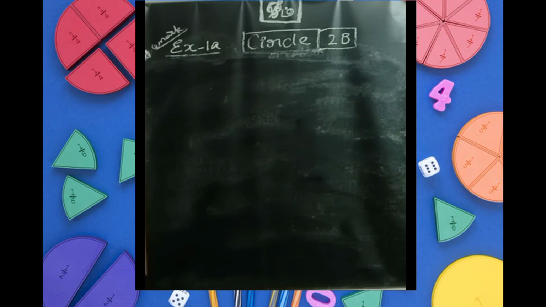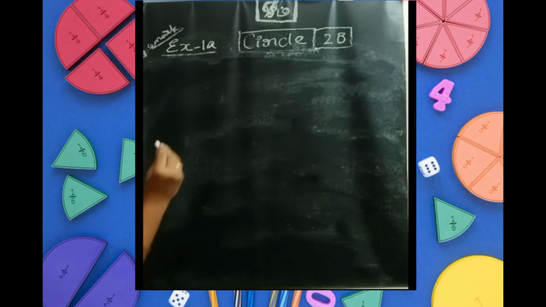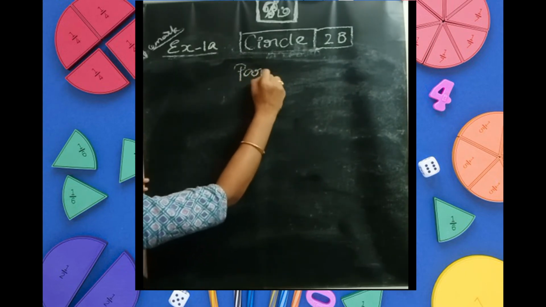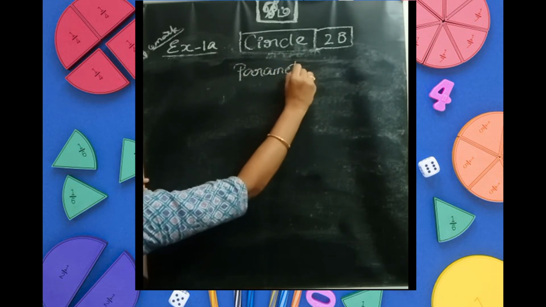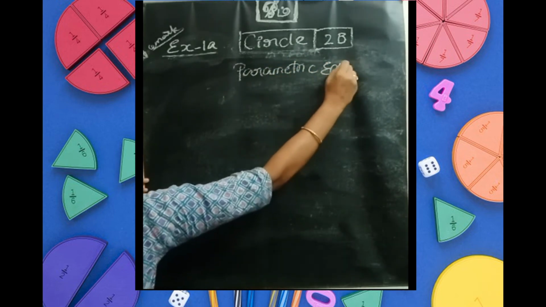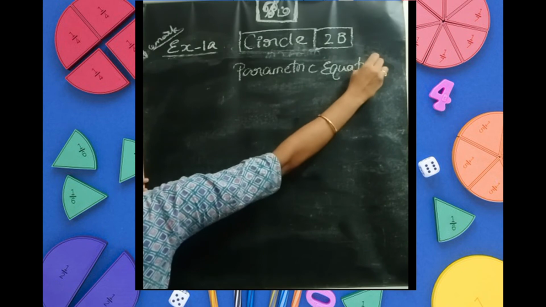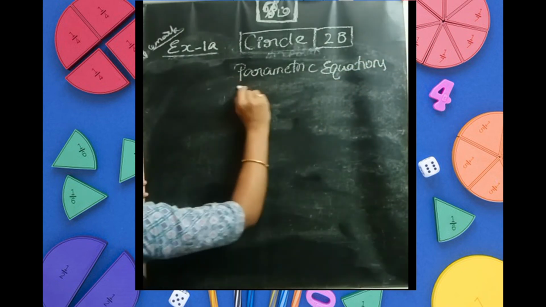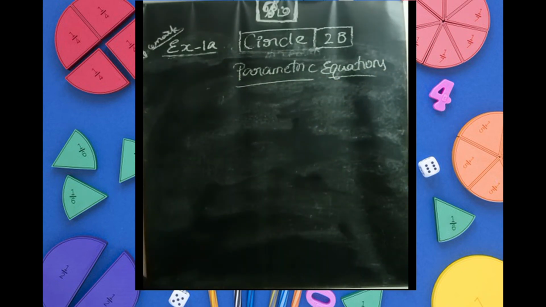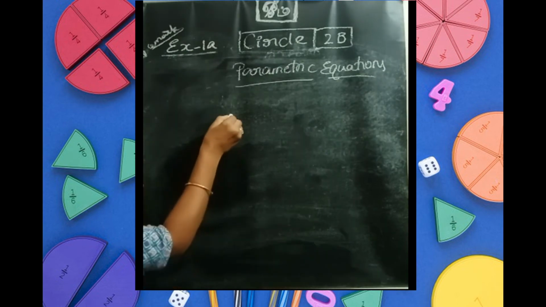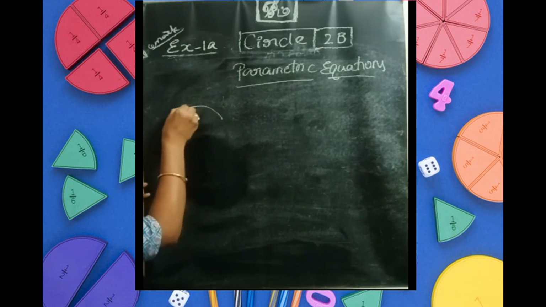Now we'll see the parametric equation, our next topic. Okay, what does parametric mean? It is nothing but representing in the form of angle and radius. Now let's start with the circle.